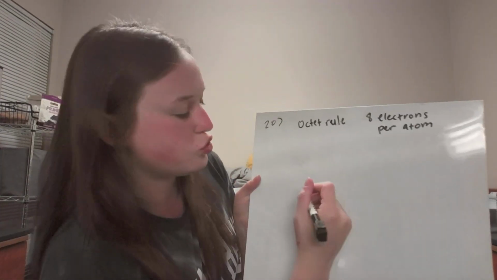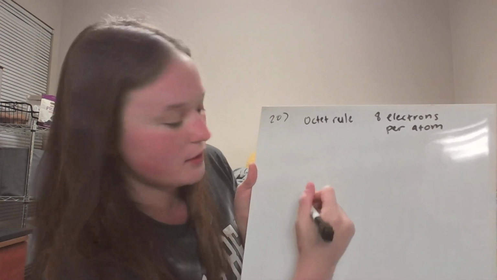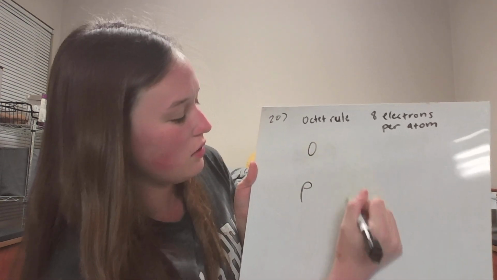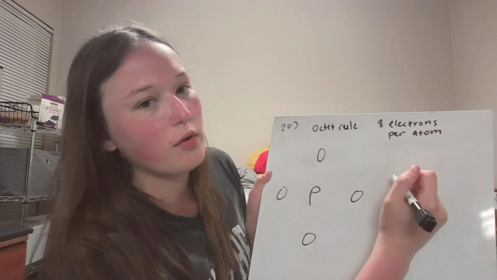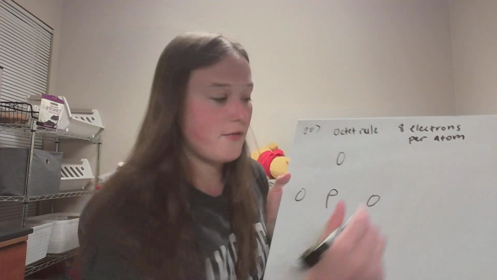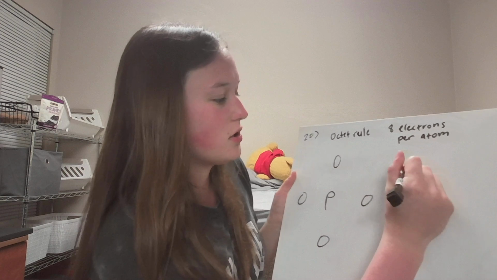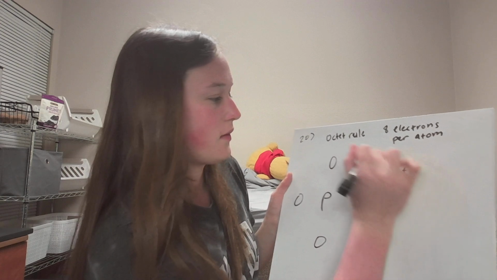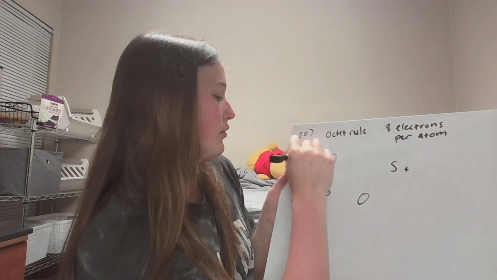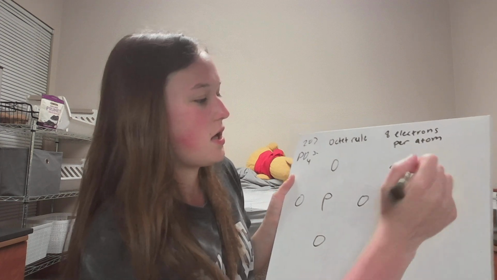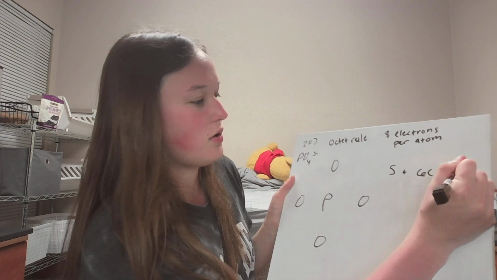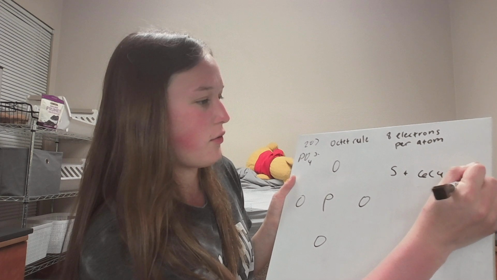Ready? We're going to start with PO4 3 minus, because that's the first one. P, O, O, O, O. Phosphorus has 5 valence electrons, plus oxygen has 6 times 4, and then plus another 3. That's a lot.